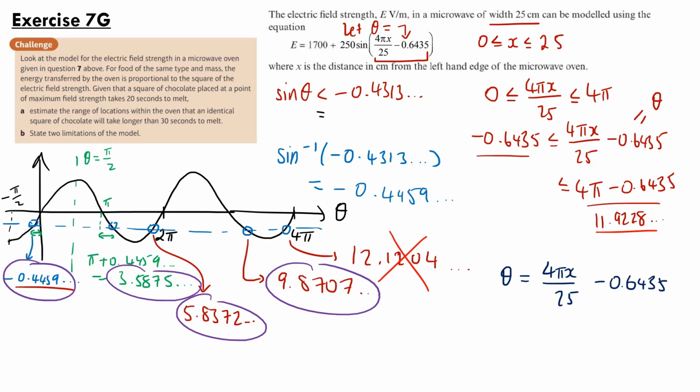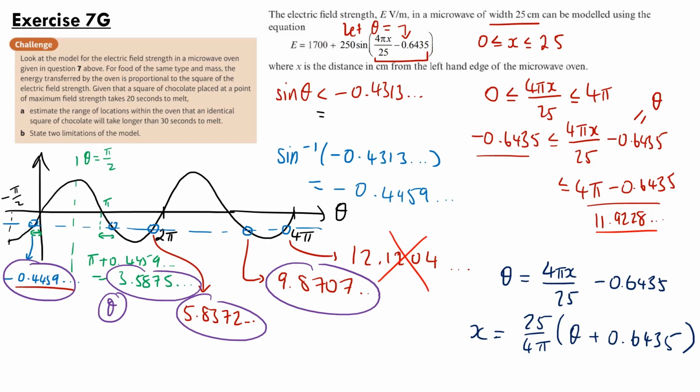So x is therefore going to be 25 over 4 pi lots of theta plus 0.6435. If you go about the process of rearranging there, make sure you include your brackets too. So we can use this formula and plug in each of the values of theta that I've circled in purple here, and then convert them into x values.